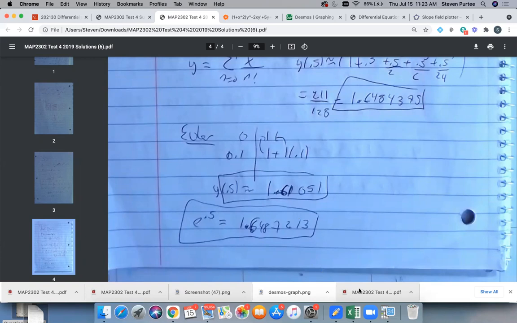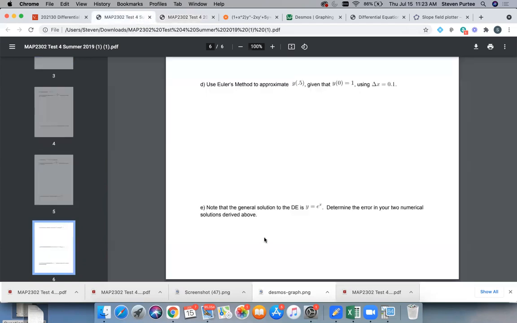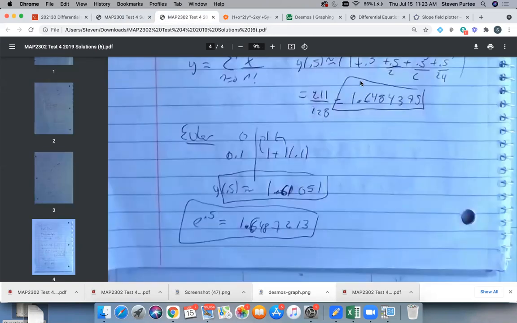And then if I plug this in the calculator, I get this. So here are my 3 different possible answers. And then the question asked for find the error in each. I didn't bother writing that out, but we would take Euler minus exact. There's our error. I did that backwards. Euler minus exact, our error. Power series minus exact, get our error. And notice, by the way, the power series is much closer.